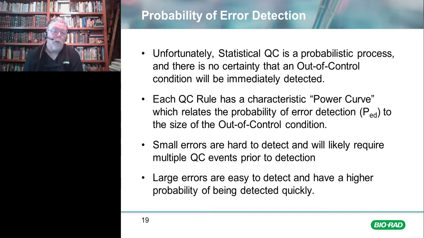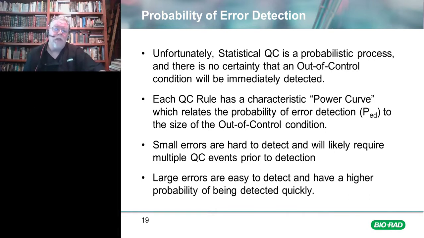Each QC rule has a characteristic power curve, and that tells me what's the probability that I'm actually going to have a QC rejection based on the size of the out-of-control condition. Now, there are two aspects to this. We have small errors, which are unfortunately difficult to detect with our QC systems, and it may require multiple QC events.